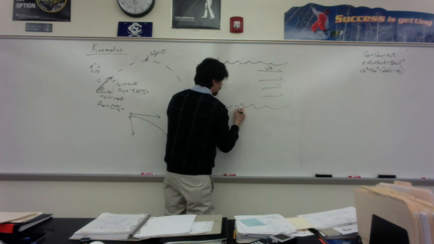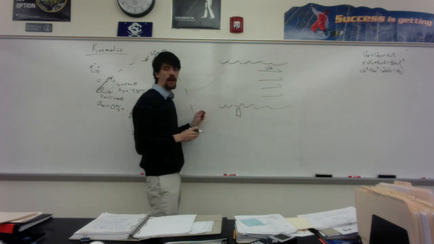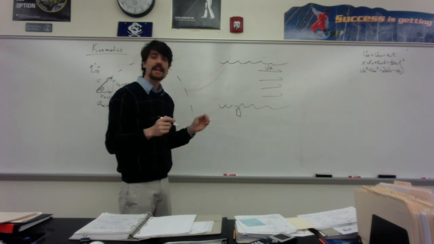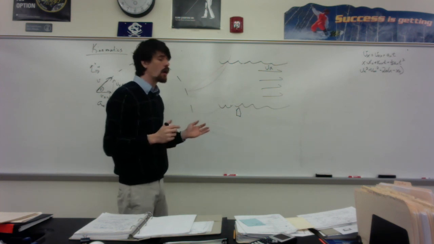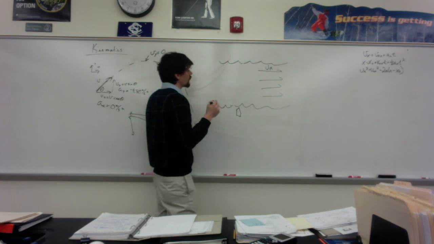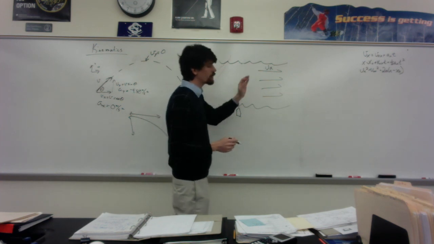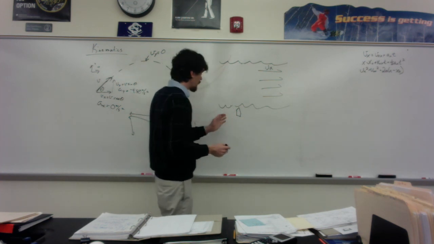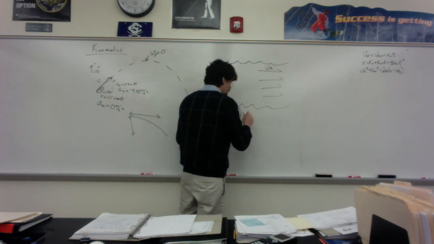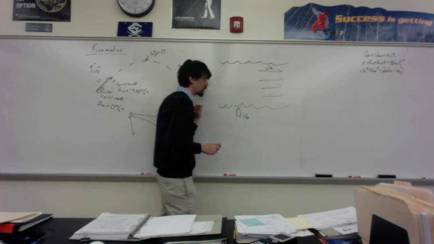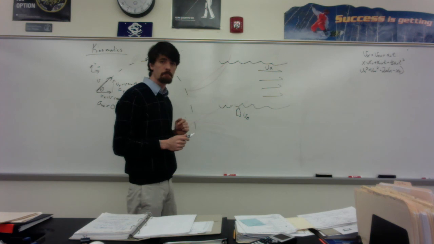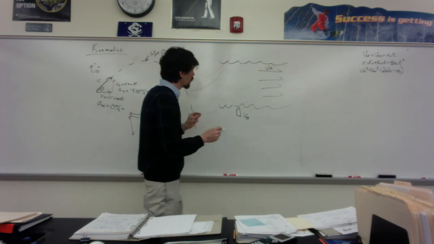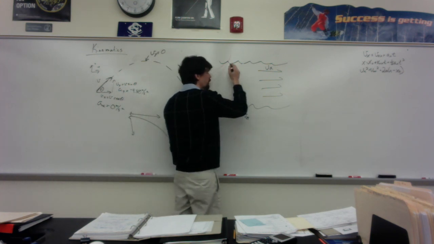So we have our boat on the shore now to determine this idea. If that's the velocity of the river, and our boat can go at some speed v boat, how could we determine the speed for it to go across?